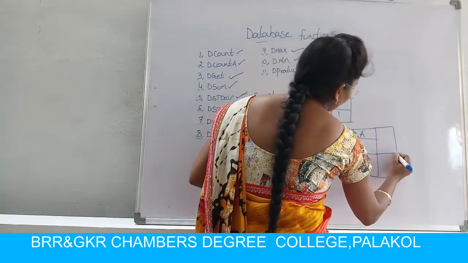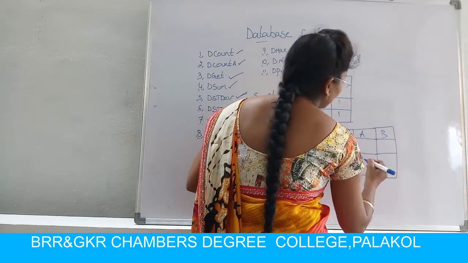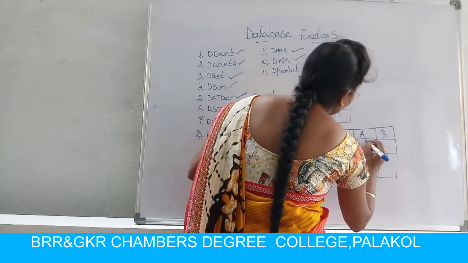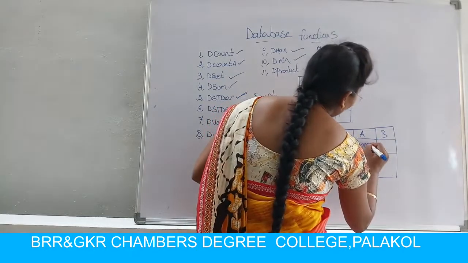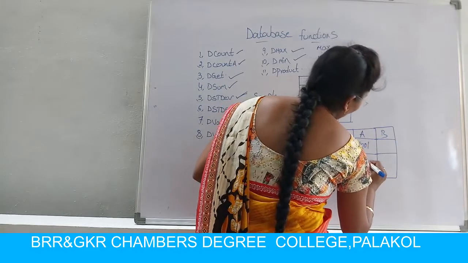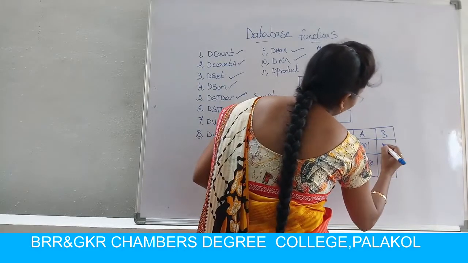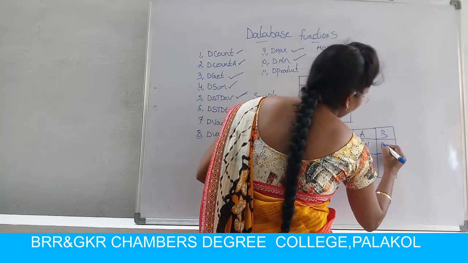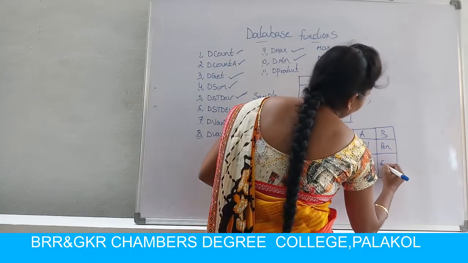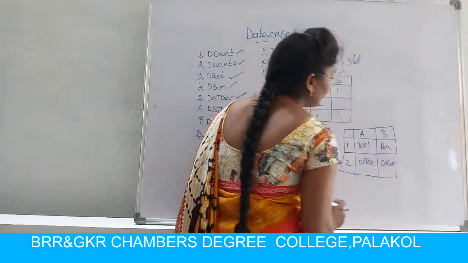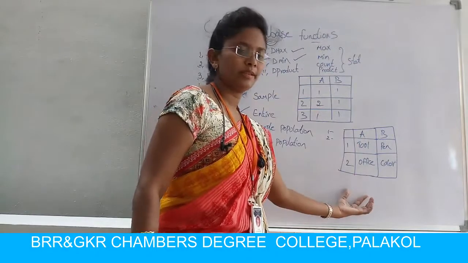If in this Excel sheet I am taking a sample, for example, I am writing in this text tool: office, and then pen, color. I entered some data in this Excel sheet.